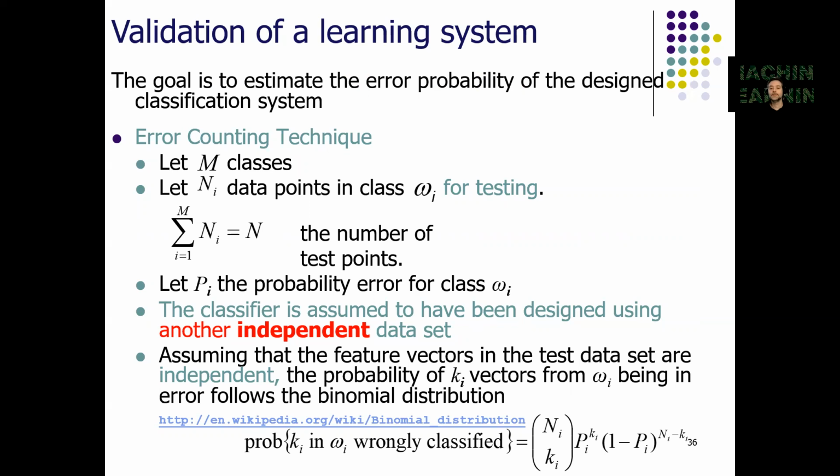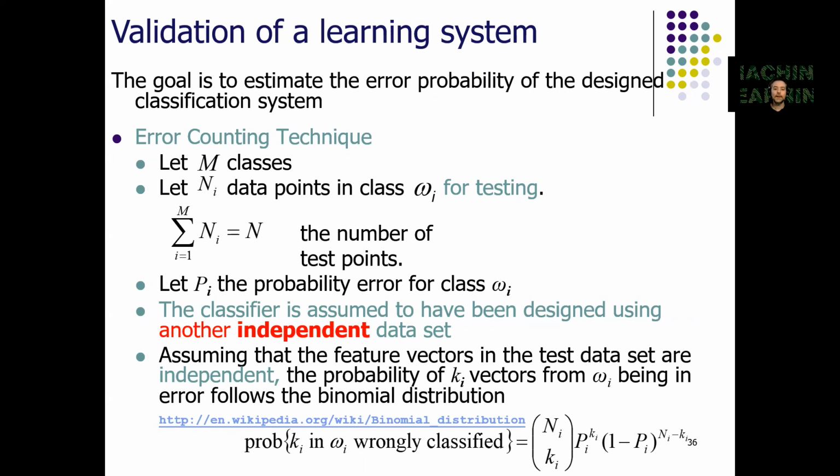We assume that the test data are independent, and they are also independent from your training data. And if you have multiple classes, like in this case, you have M classes and you have Ni data points from class i, and you use that for testing, and you can calculate the probability Pi, which is the probability of error for each one of your classes.